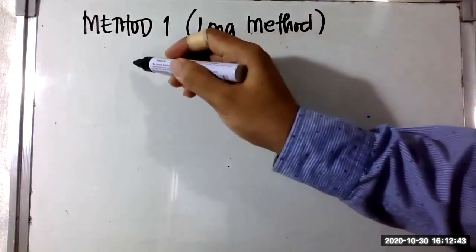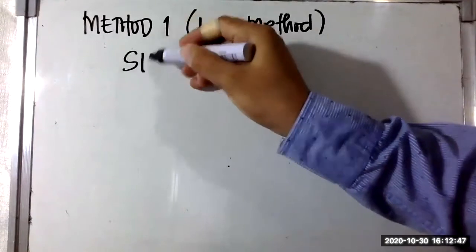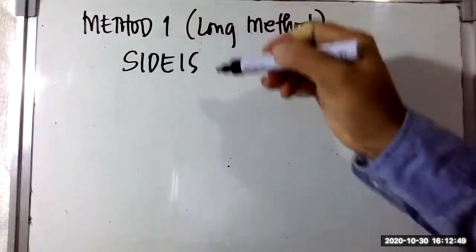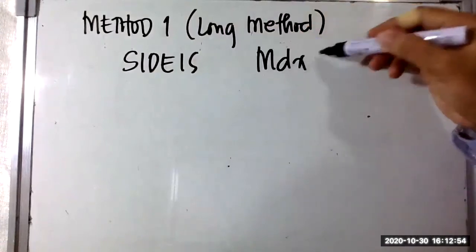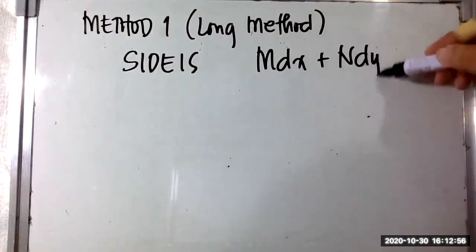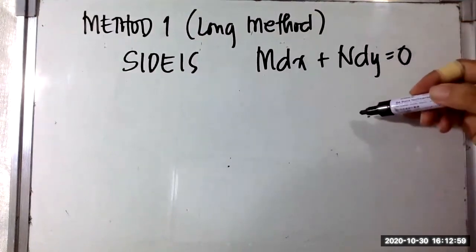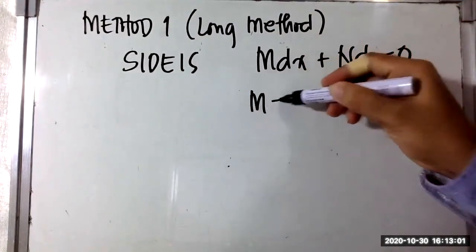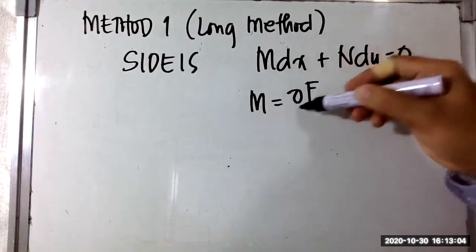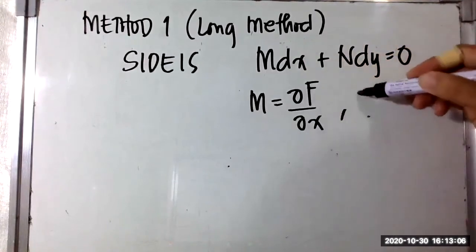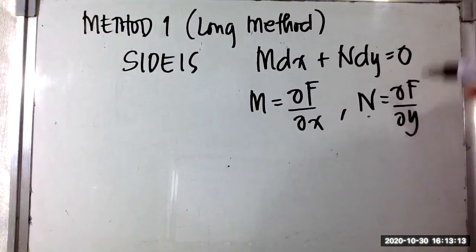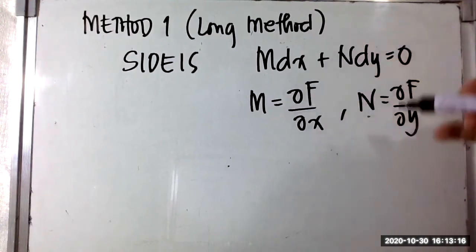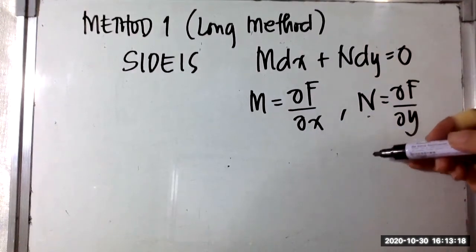We have an acronym for this, SIDE, to remember that an exact equation M dx plus N dy equal to 0, where M is equal to the partial derivative of the function with respect to x, and N is the partial derivative of the function of both x and y with respect to y. This is actually presented in the derivation for the test for exactness.